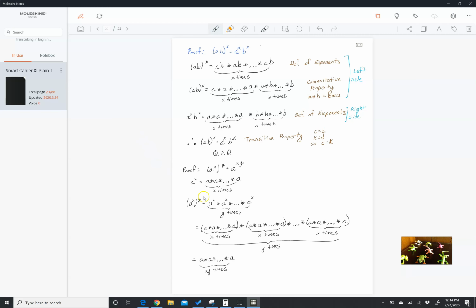And the reason that we know that is the definition of multiplication. We have x things, so this is x plus another x plus another x plus another x, and that's happening y times. So a short way of writing x plus x plus x plus x y times is just x times y. That's where the x times y came from.